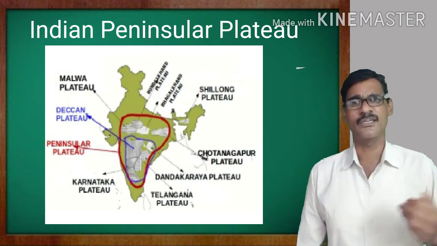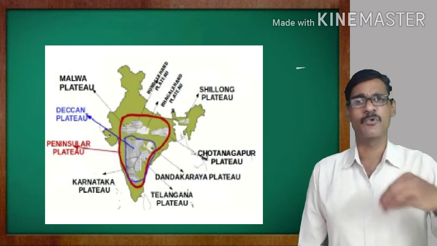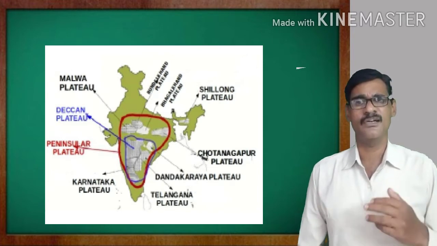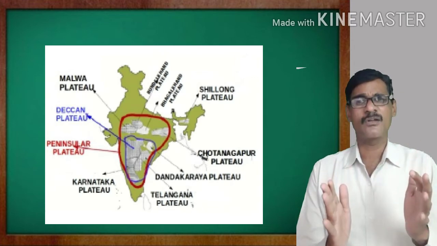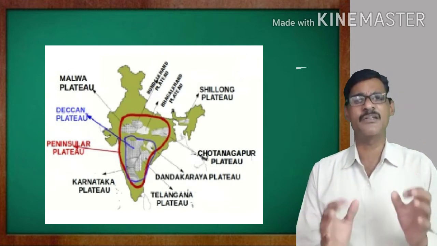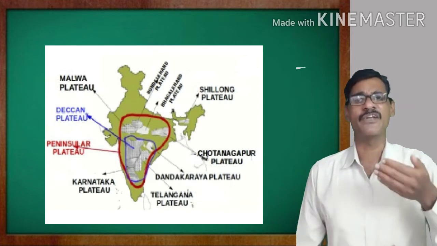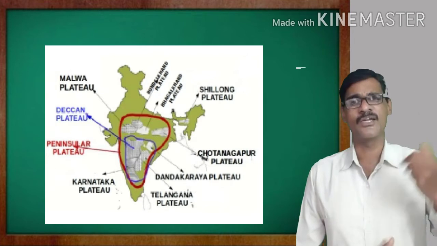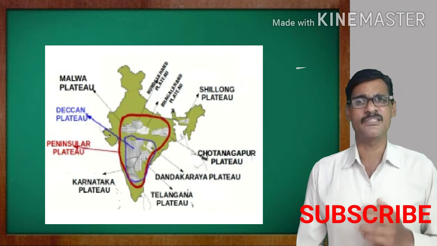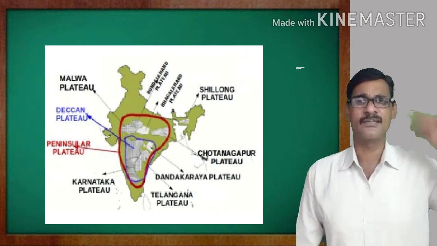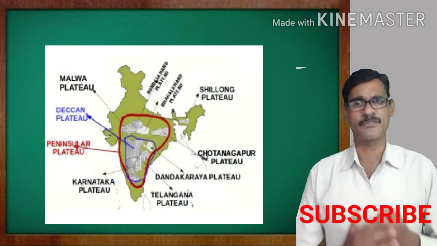It is covered in Jharkhand and some portions of Chhattisgarh and Odisha. This Chota Nagpur Plateau, which is rich in mineral resources, is also called the Ruhr of India. The Ruhr is located in Germany, which has high mineral resources. So we are comparing with the Ruhr. So it is called the Ruhr of India.